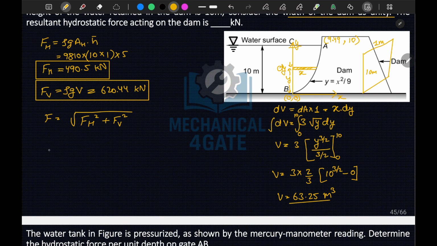Okay, so we can write F is equal to, 620.44 square plus 490.5 to the power 2, total power 0.5. This is your 790.9 kilonewton. Okay, this is your total or resultant hydrostatic force, FR, let's say.